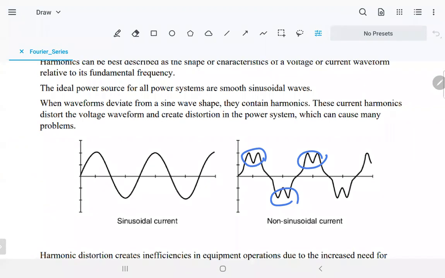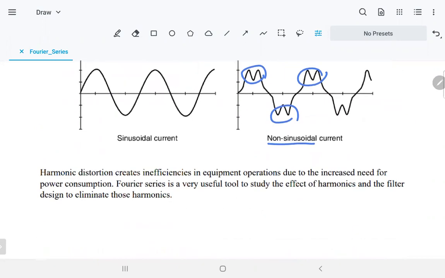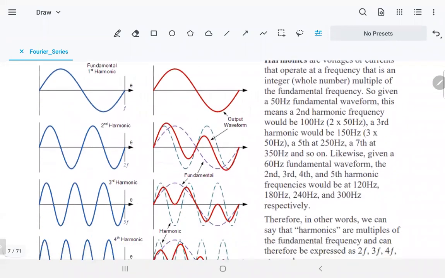It's normal, because we don't live in a perfect world. There are many disturbances, electromagnetic waves added to it. So it causes all this irregularity in the current or the voltage. That's why we consider this non-sinusoidal. And then we decompose it into sinusoidal components.